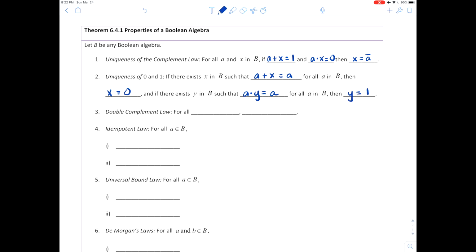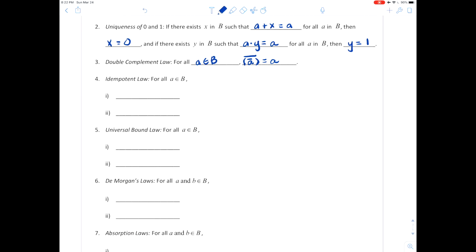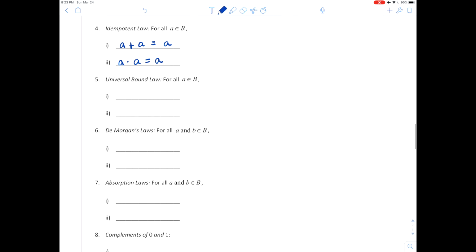Double complement law. For all A that belongs to B, not not A, those are parentheses there, is equal to A. Idempotent laws. For all A in B, if you have A or A, that's equal to A. And if you have A and A, that's also equal to A. Those are very useful.